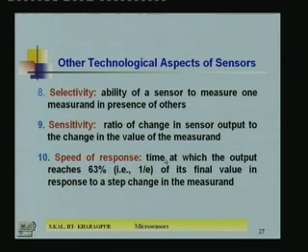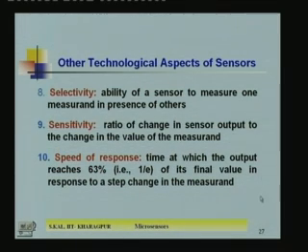How fast? Because in case of step change of the measurement, you need the sensor to respond very fast, and its definition is the time required to reach 1 by e times, which is 63% of the desired output. So, that is the speed of response.